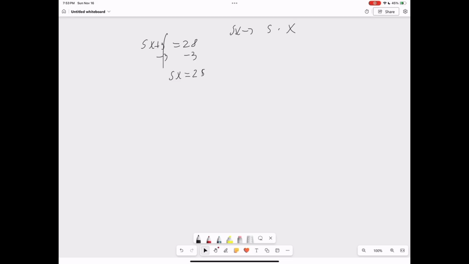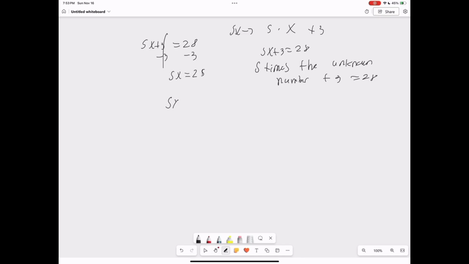So if we translate this to English, it means 5 times the unknown number plus 3 equals 28. This is important for interpreting word problems because remember, when we're isolating, we have to do the opposite sign to get rid of it entirely.